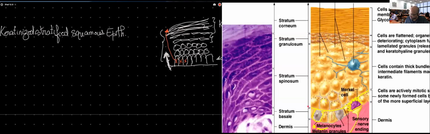If we keep moving up, we go to stratum spinosum, and in the stratum spinosum, you can see those melanin granules that will be responsible for absorbing the ultraviolet rays and will be reducing the risk of developing skin cancers.